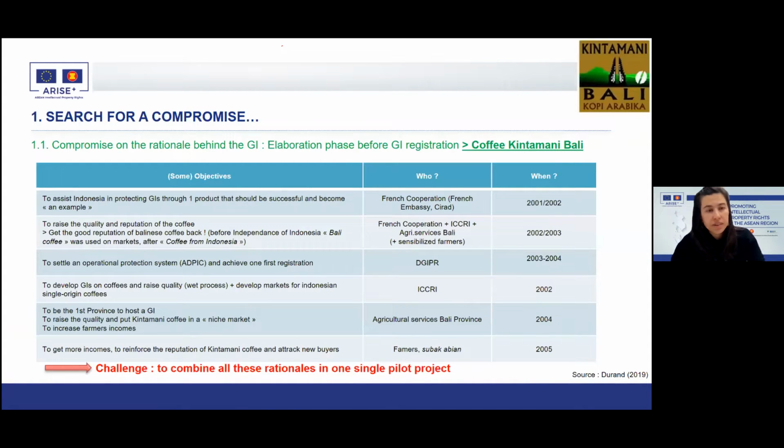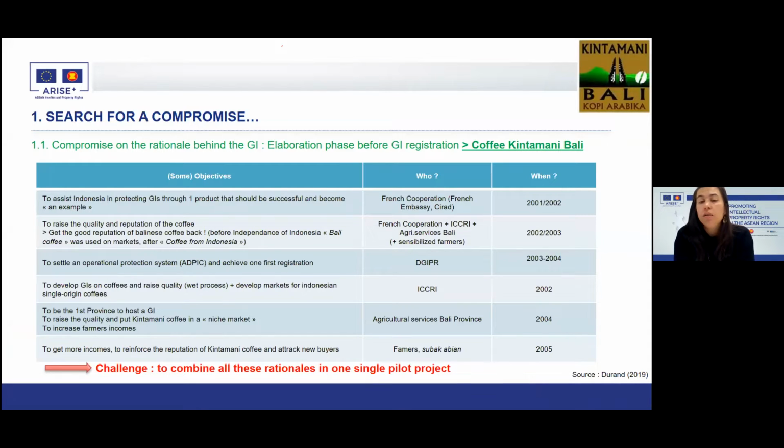So here is an example for the geographical indication of Arabica coffee in Kintamani in Bali, Indonesia. We could identify all the different rationales behind the GI for the different participants. So you can see in the first line the French cooperation that was involved in the project.